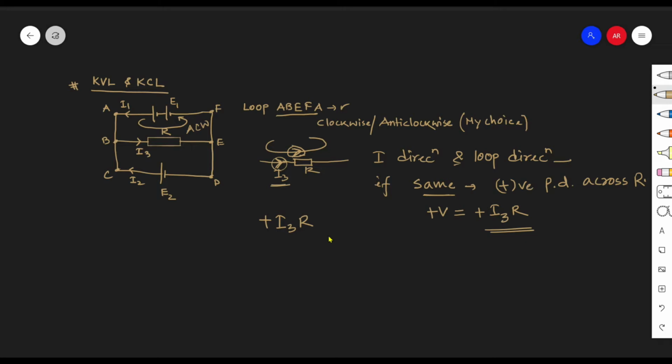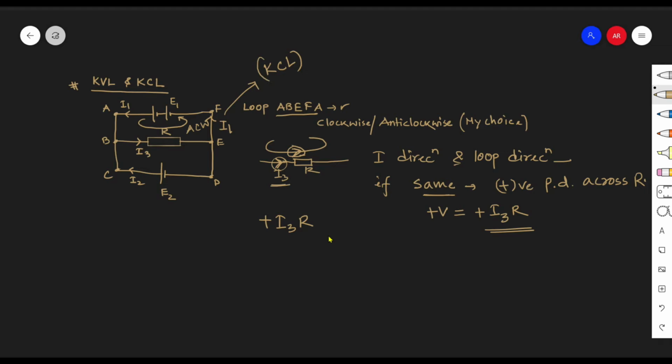Now we are going to apply Kirchhoff's voltage loop, which is basically Kirchhoff's second law, in this loop A, B, E, F, A. Current flows through this resistance R in the same direction as the way we took the loop.